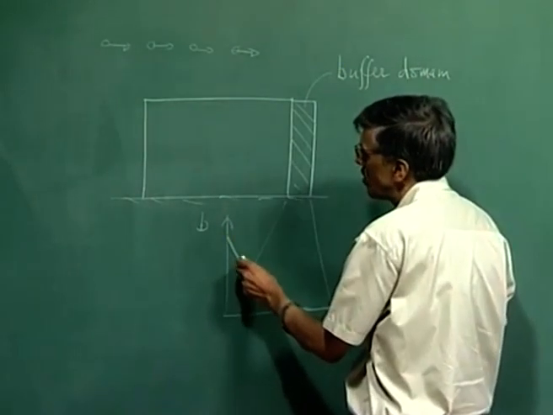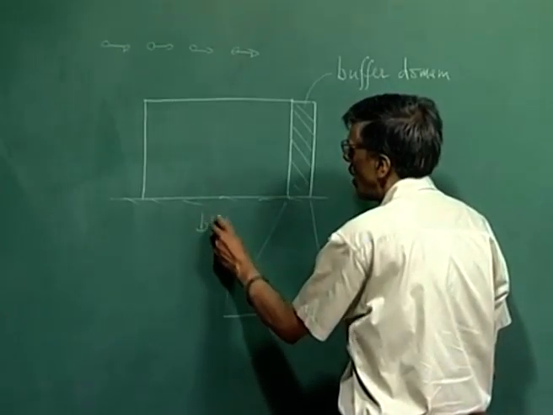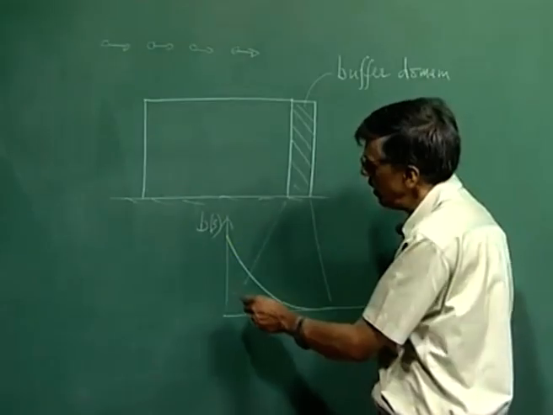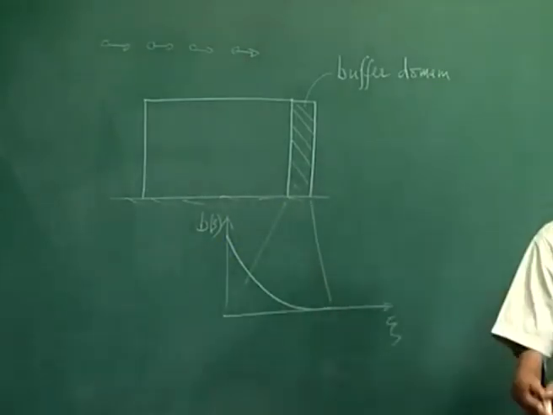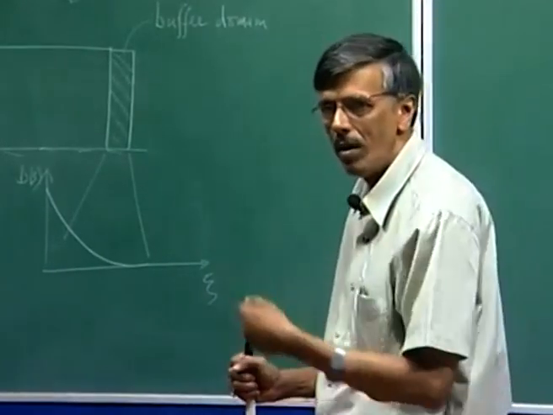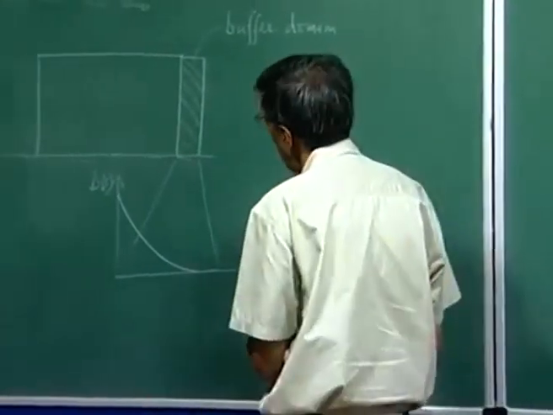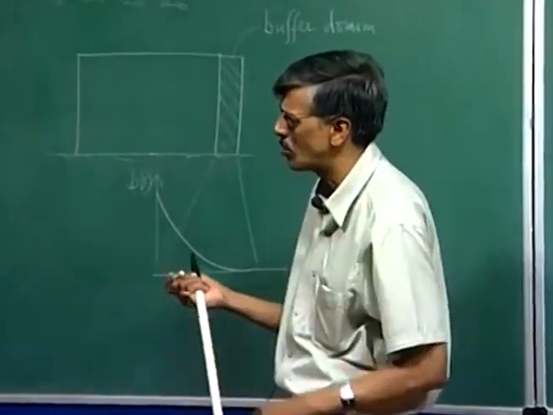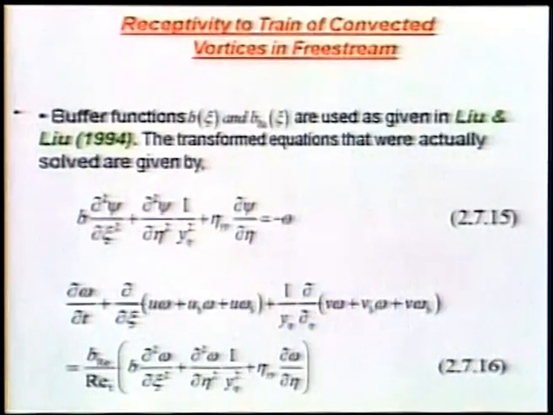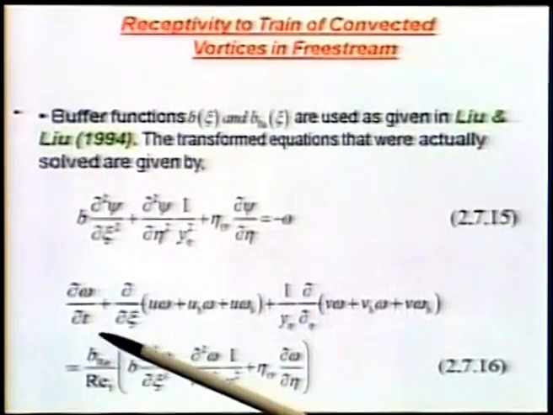So, this is your b of xi. What it does is, at the end of the computational domain, b is equal to 1. So, we are not tampering with anything. It is only in the buffer layer that we are bringing the diffusion further down. So, that is the function b. In addition, you also notice that we have multiplied the vorticity diffusion term by another function called BRE.